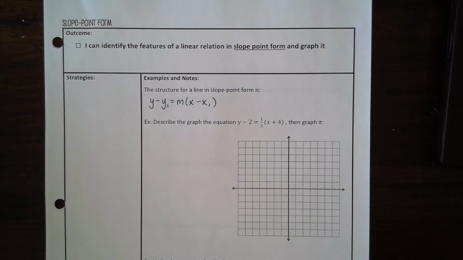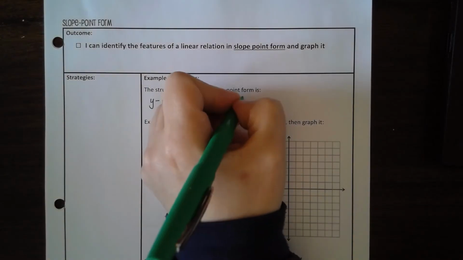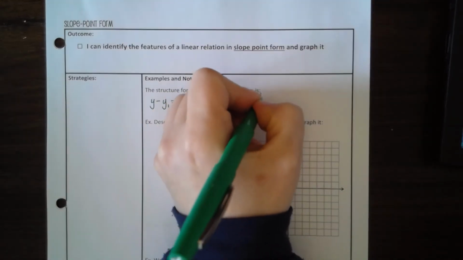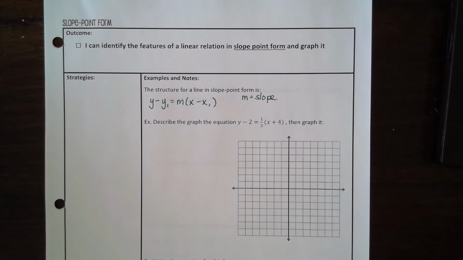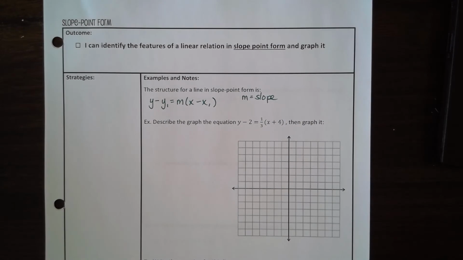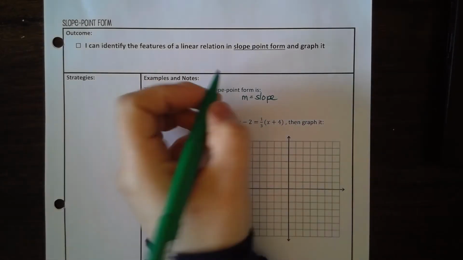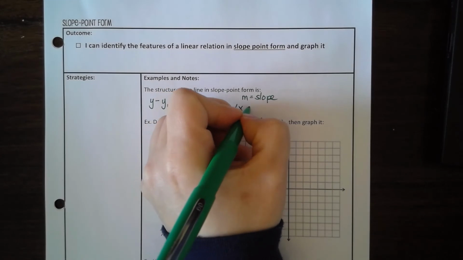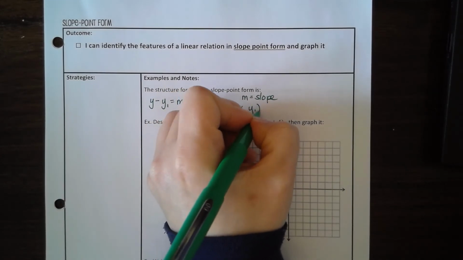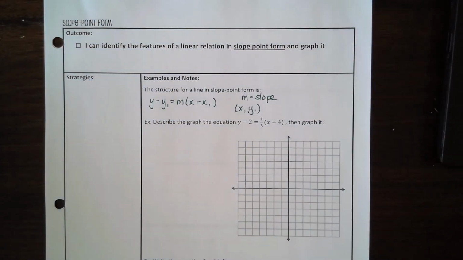Some things in here should look very familiar to you. M is the slope. The thing that looks a little bit different is this x1, y1 business.